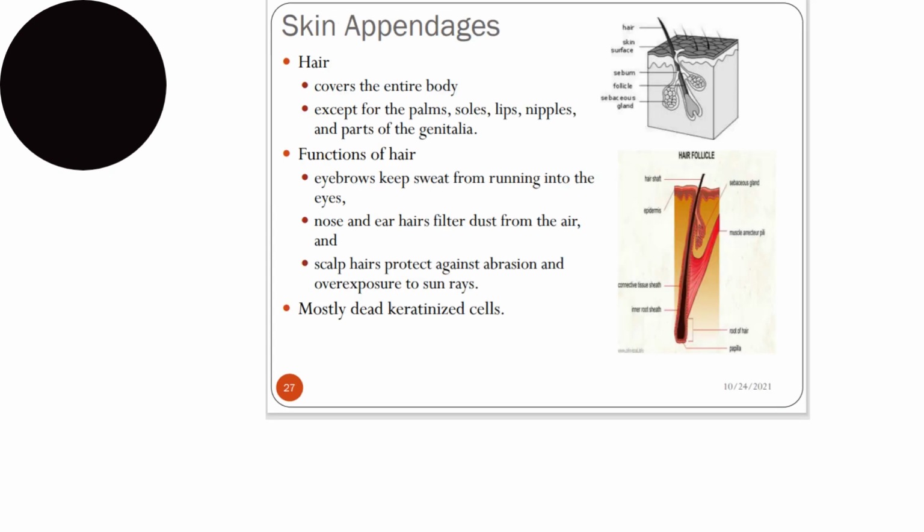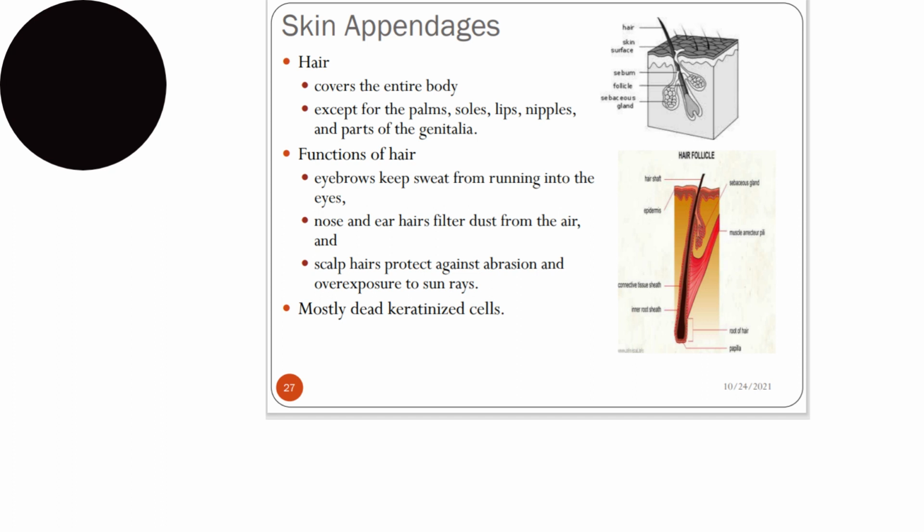Okay. Skin appendages, which are the accessory components of the integumentary system, like hair, usually cover all parts of our body, but there are certain parts that have no hair growth, seperti kita punya tapak tangan, lips, nipples, and part of genitalia, whether male or female.